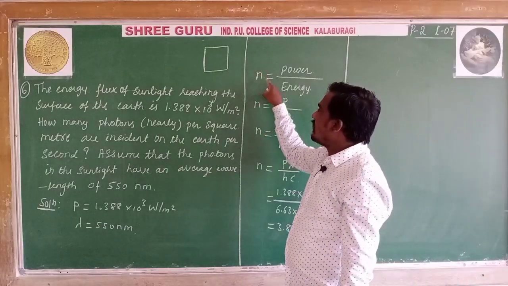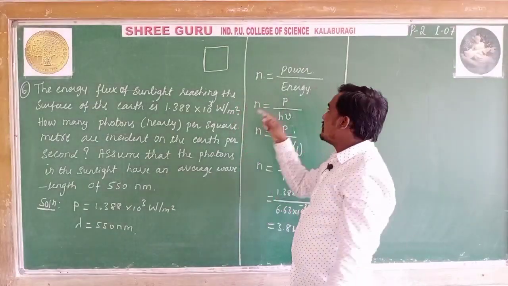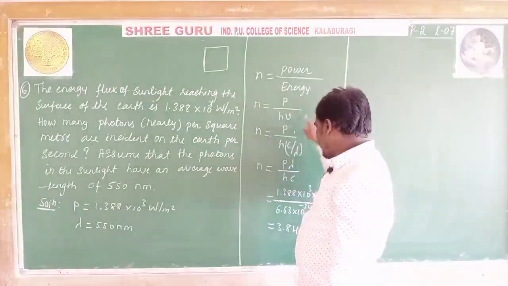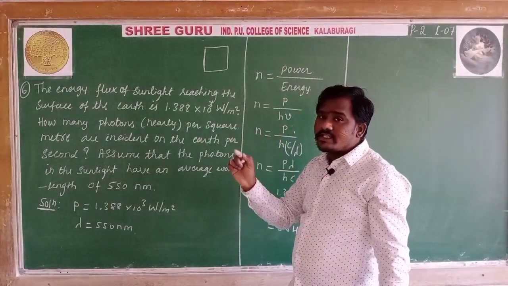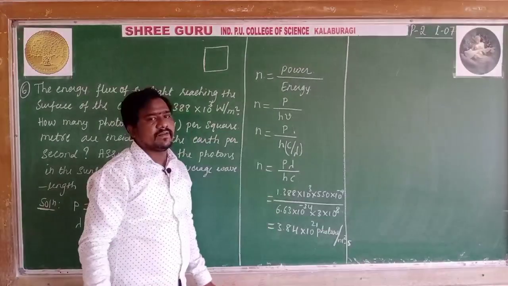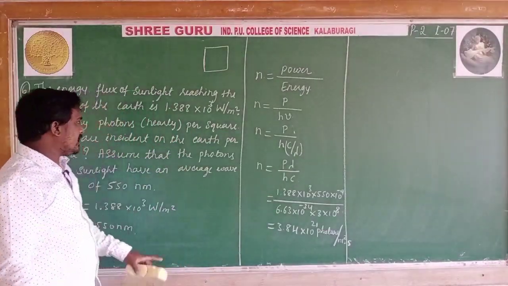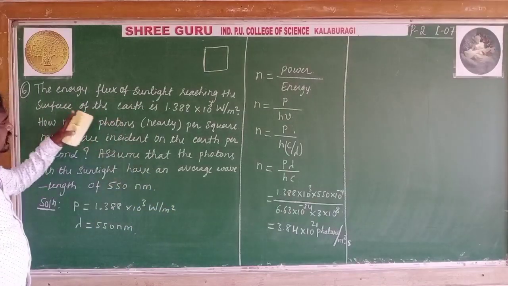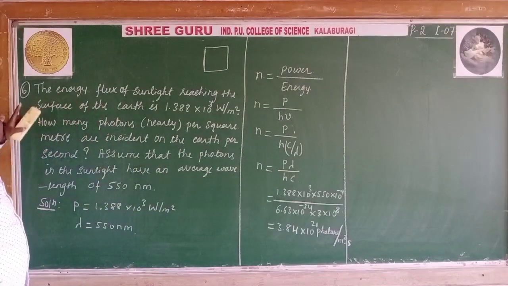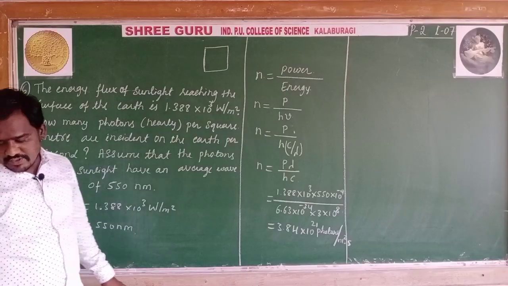Instead of n number of photons, if I mention one photon's energy, just multiply 1 into this value, and each photon emits this much energy. If the energy is less than this, it is not possible to eject the electron from this particular flux. Okay, now come to the next question.